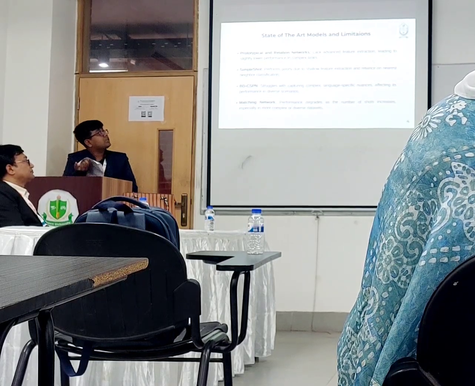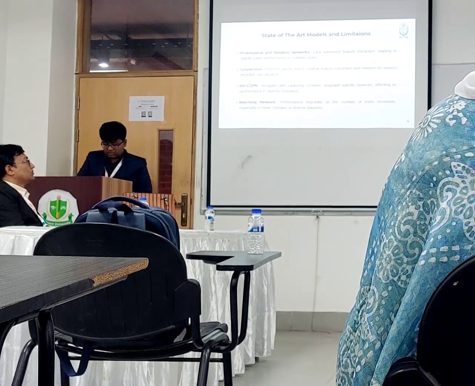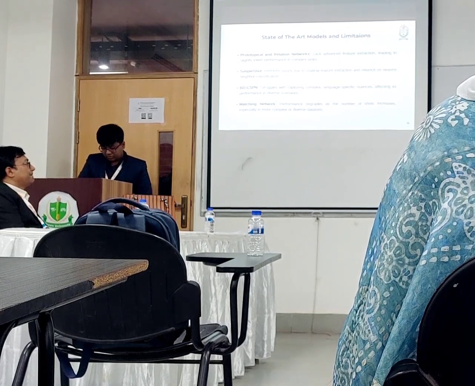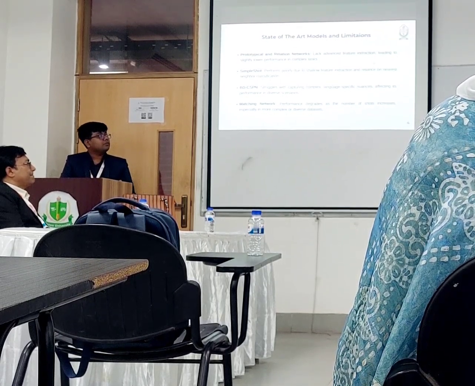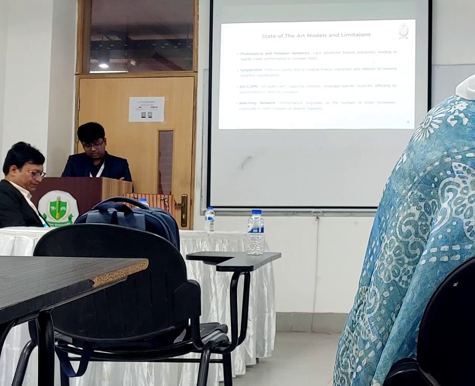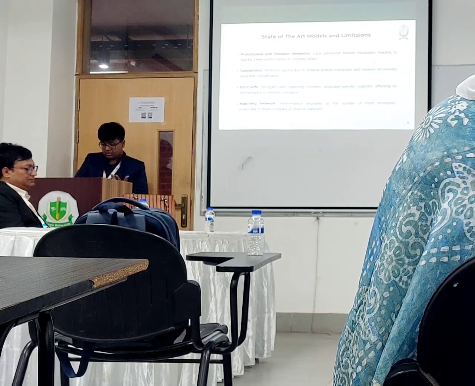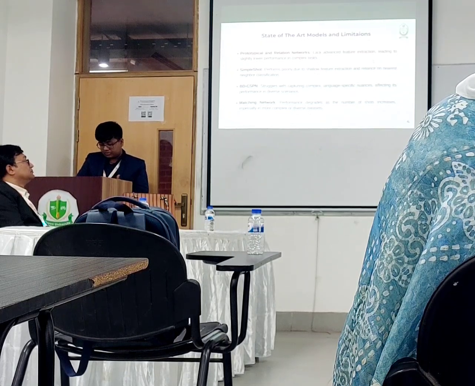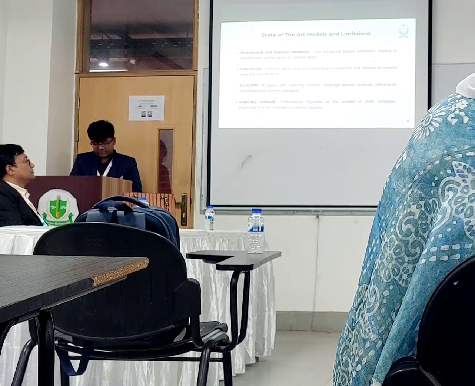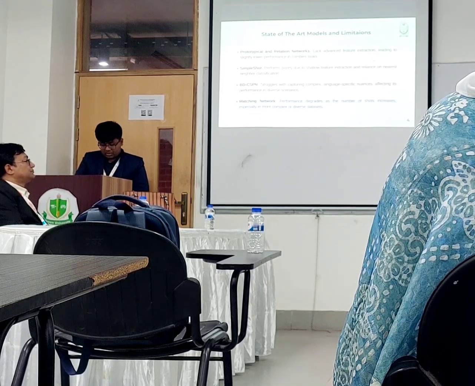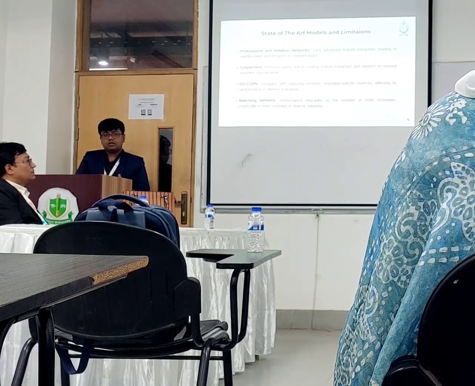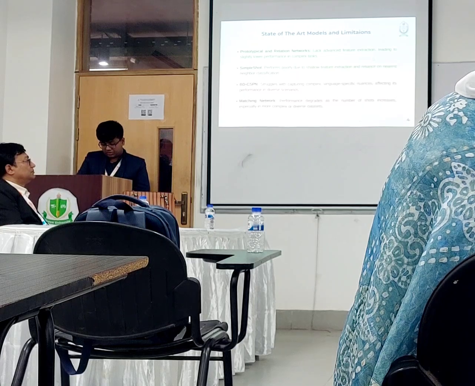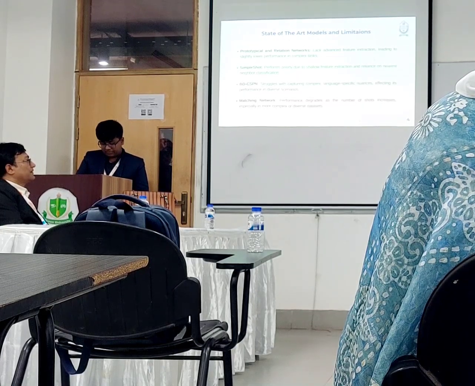Here are the state-of-the-art models. The prototypical network calculates distance functions, like Euclidean distance, to measure the distance between the classes. The relation network uses a relational function to measure the score between the embedded classes.